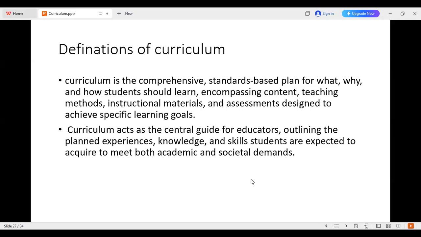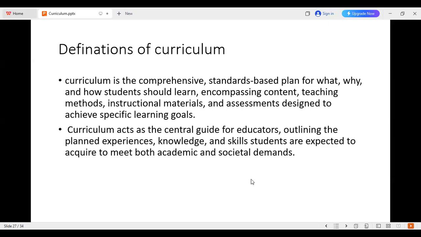Digital devices can be used. The instructional teaching method, we will discuss that later, but these instructional materials are a recent development. And assessment designed to achieve specific learning goals.